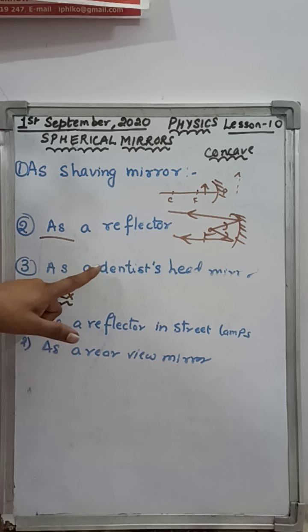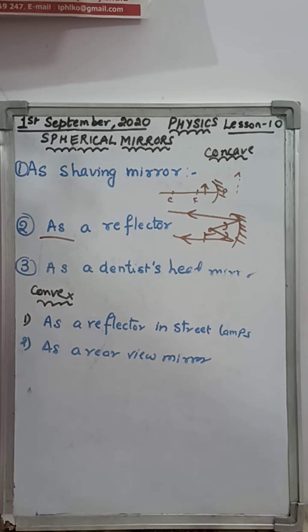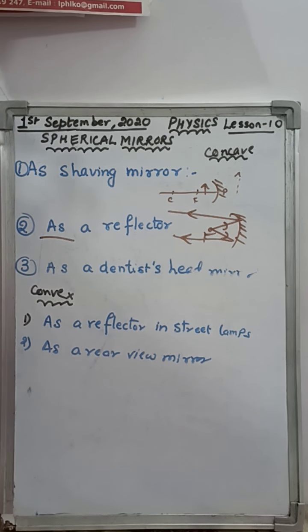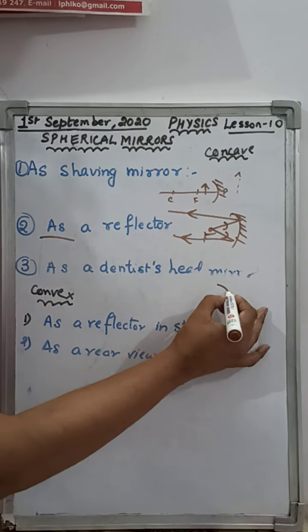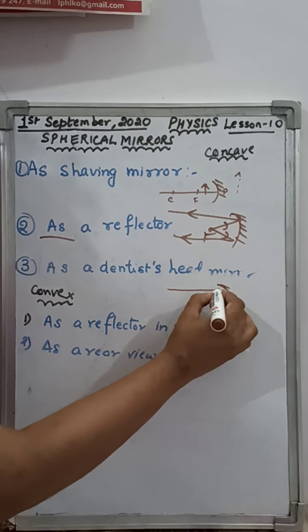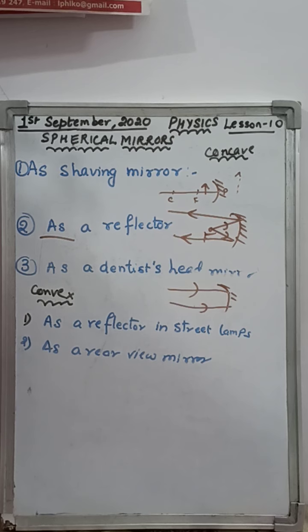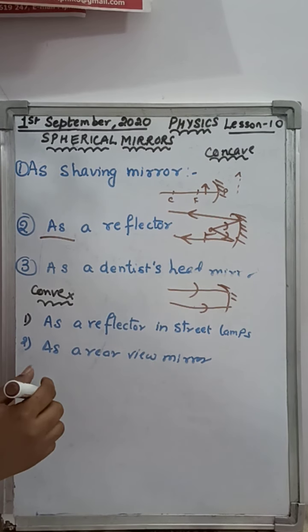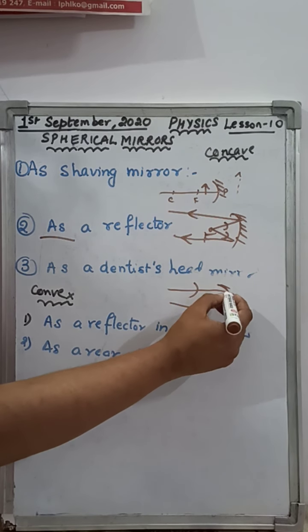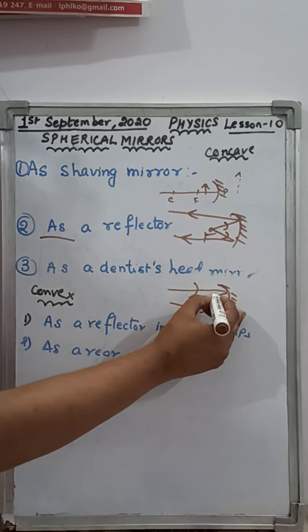The concave mirror is also used as a dentist's head mirror. The parallel beam is incident on the concave mirror to focus the beam. In the case of a dentist's head mirror, parallel lights are coming, and after reflection from the concave mirror, they focus at a point.